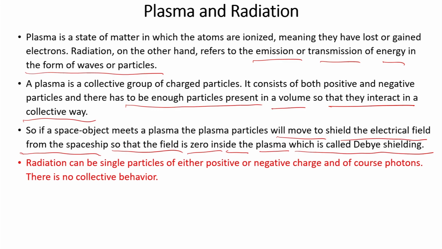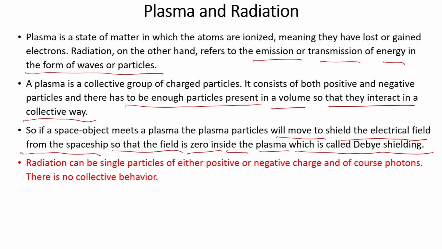Now, radiation can be single particles of either positive or negative charge. It can be an isolated, very high energy electron, as we have seen, with energy higher than 100 kilo electron volt, and protons or heavy ions can have more than mega electron volt.